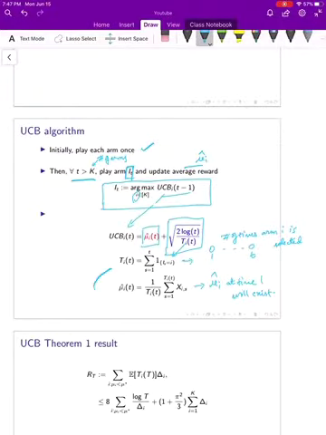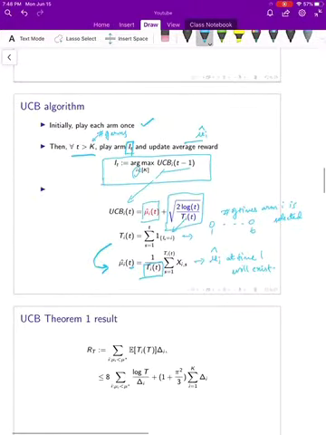And with this, the empirical average term makes sense, because we have picked arm i, T_i(t) many times until time t.